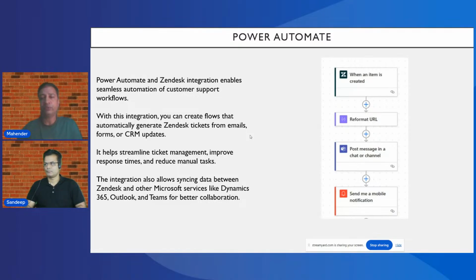You can see, for example here, it will get the data when the ticket is created, and then we are posting that notification to the Teams channel that is created for the team. And then you can also send the mobile notification so that they will get a push notification on their mobile, and an SMS there, so they can see that as well.